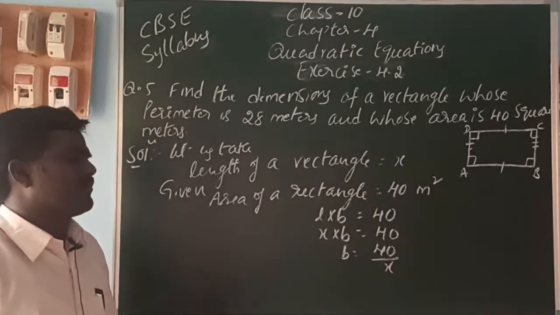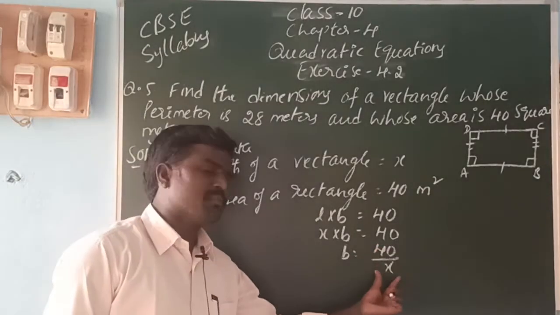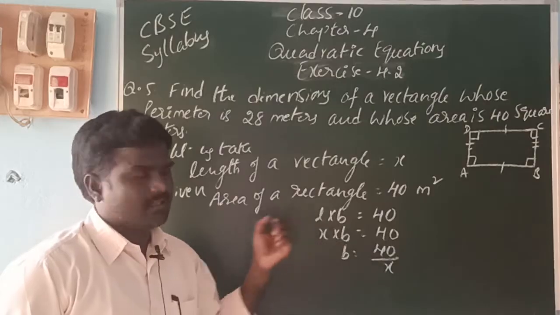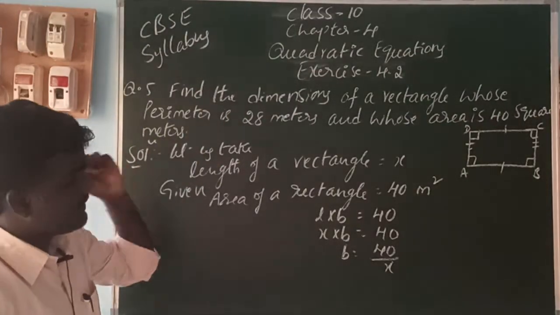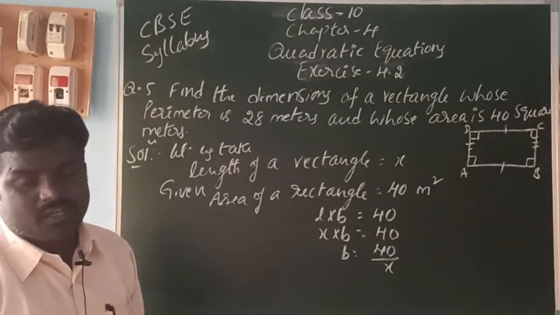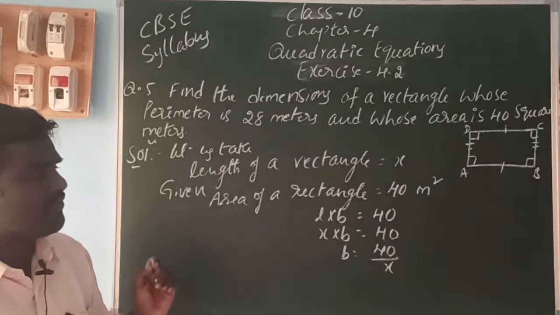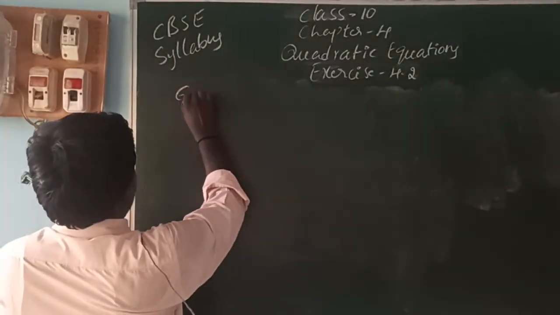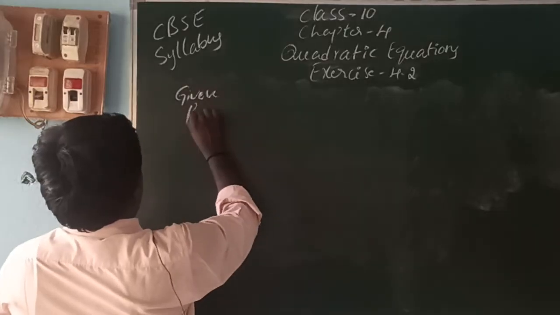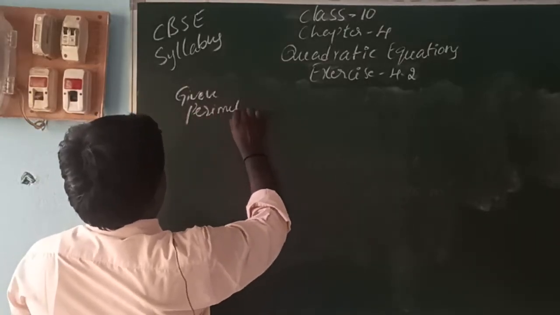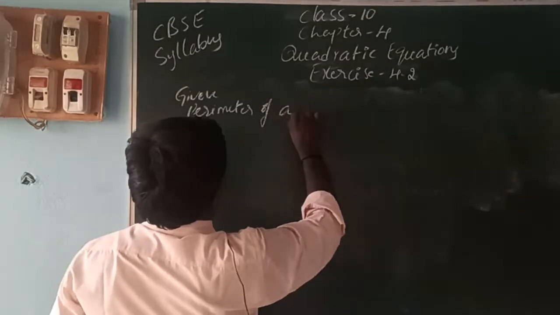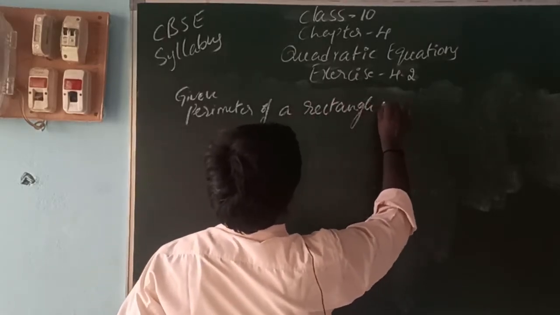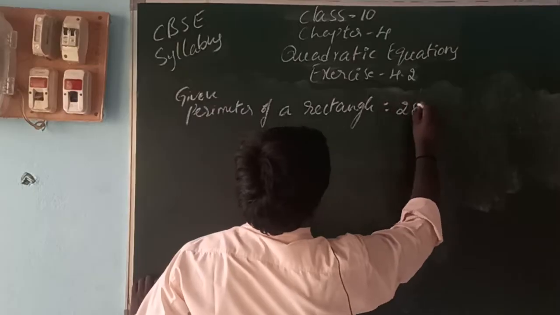So the breadth of the rectangle is 40 by x. The length of the rectangle we take as x. Now what is given here? Perimeter. Perimeter of a rectangle formula is 2 of L plus B. So given perimeter of a rectangle is 28 meter.